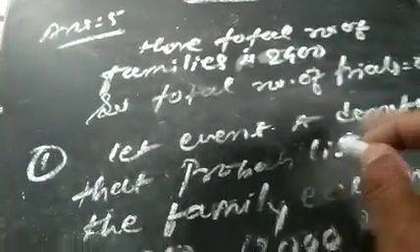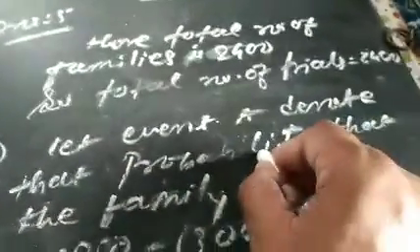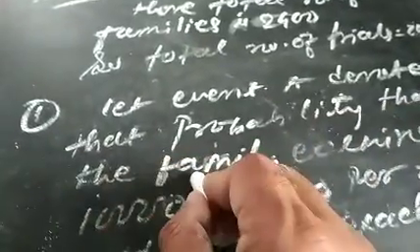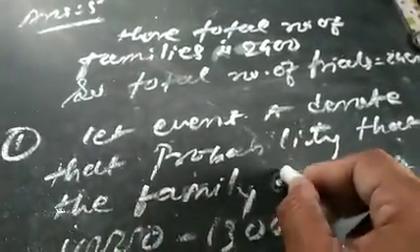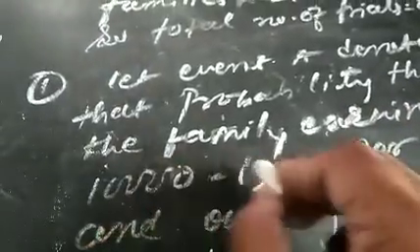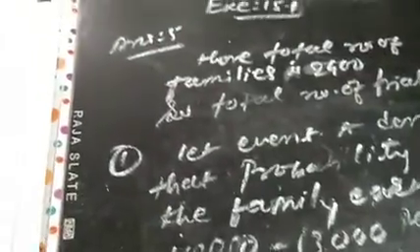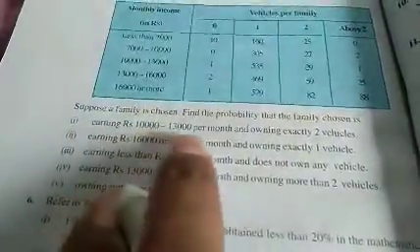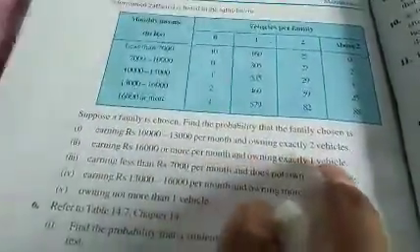Let event A denote the probability of a family earning 10,000 to 13,000 per month and owning exactly two vehicles.